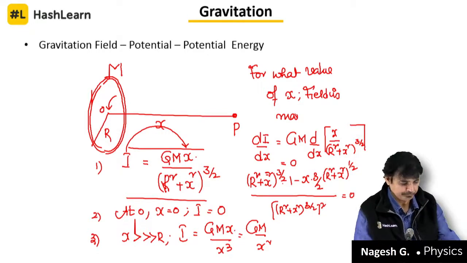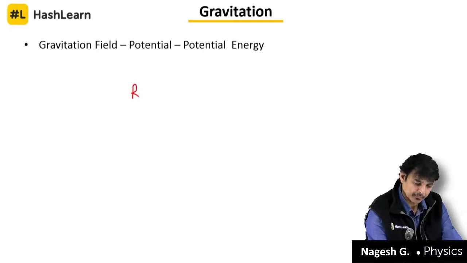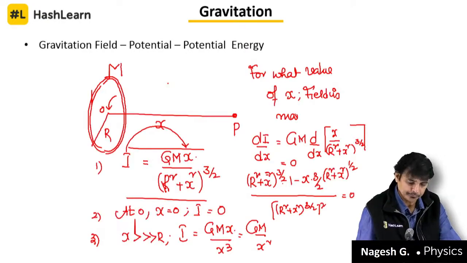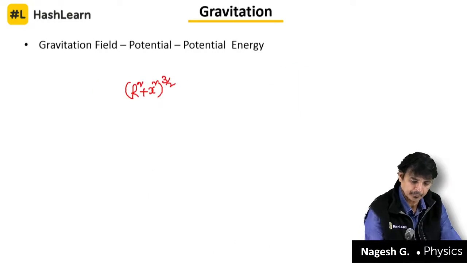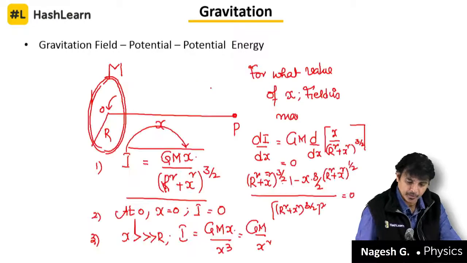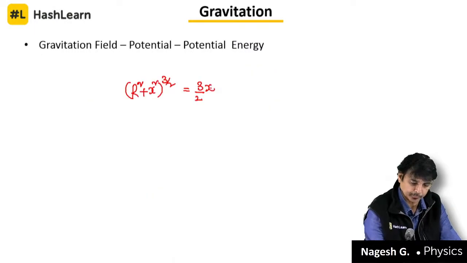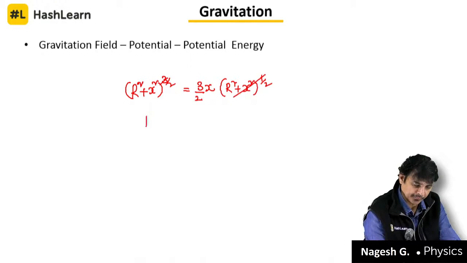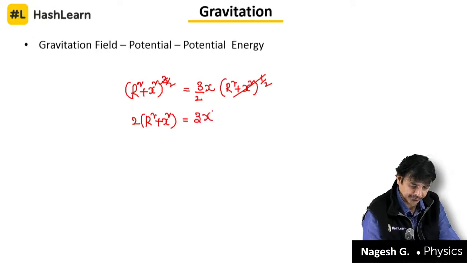Then what you will get: (r square plus x square) whole to the power of 3 by 2 will be equal to 3 by 2 into x into (r square plus x square) to the power 1 by 2. So this will be cancelled, and r square plus x square is equal to 3x.